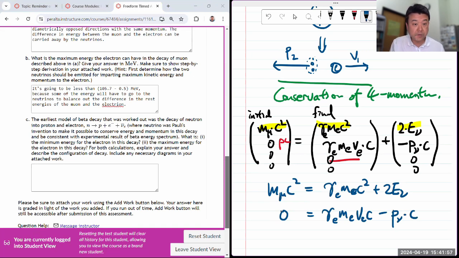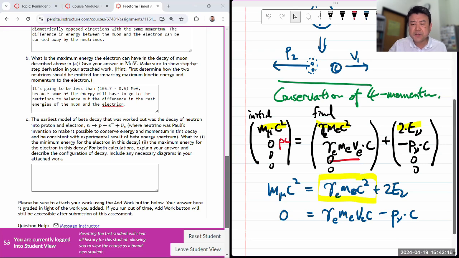So what are we trying to solve for? We are trying to solve for the energy of the electron.